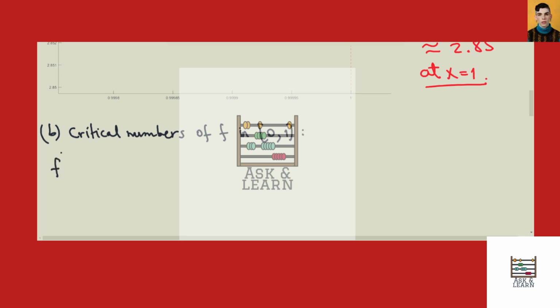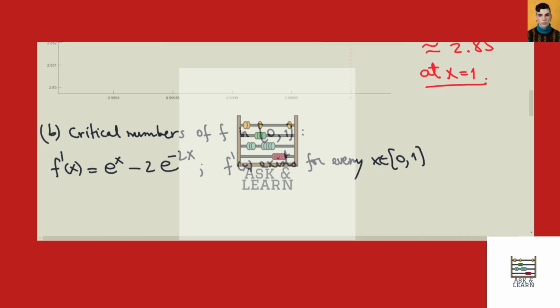For that, we find the derivative of f, and that is e^x minus 2e^(-2x). And that derivative exists for every value x in the interval [0, 1]. And I say that because if this is true, it implies that the only critical numbers of the function are those values of x for which the derivative is 0.